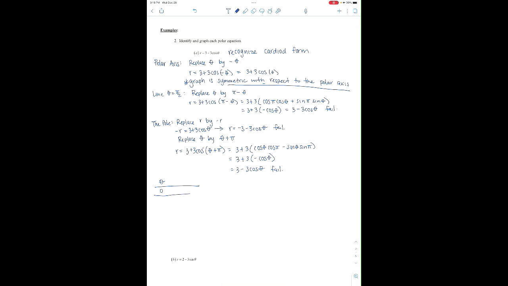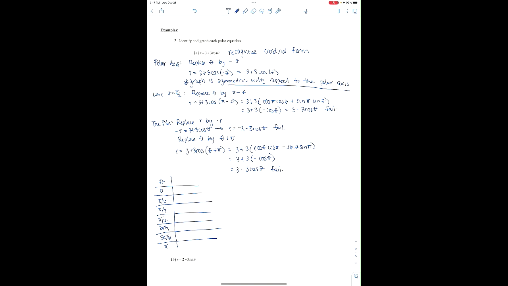So 0, we'll look at pi over 6, pi over 3, pi over 2, 2 pi over 3, 5 pi over 6, and pi.